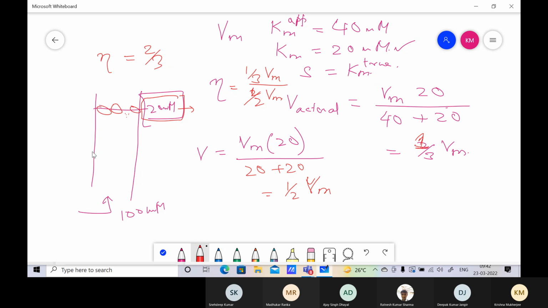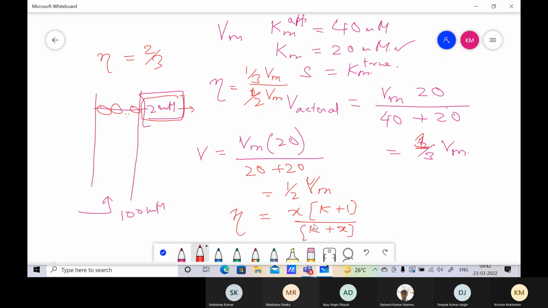So now, what is the equation connecting efficiency with kappa and x? Let us do these numbers. What was it? x upon kappa plus x, wasn't it? Do you remember?